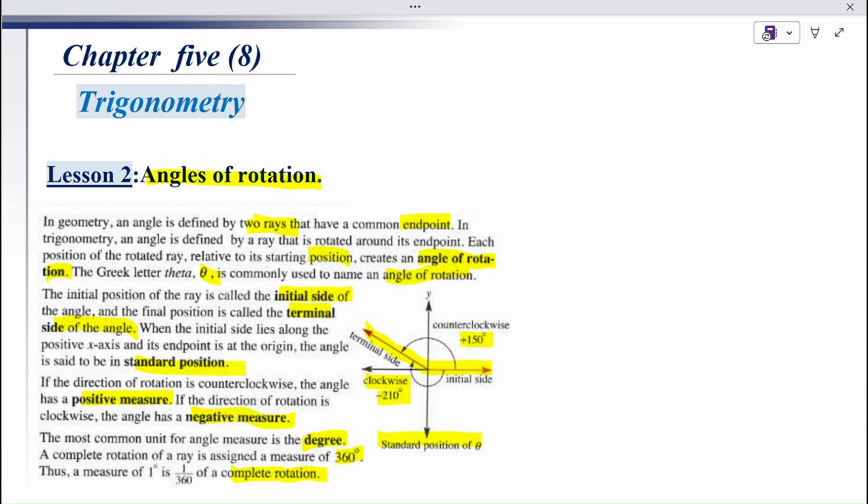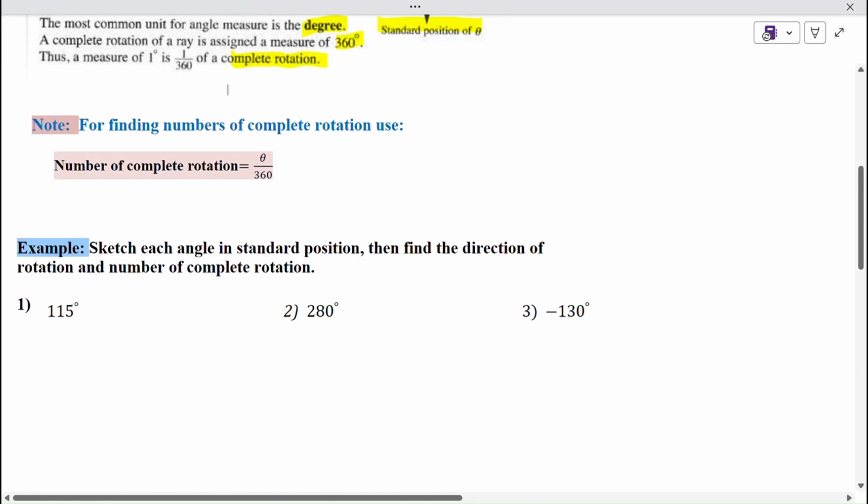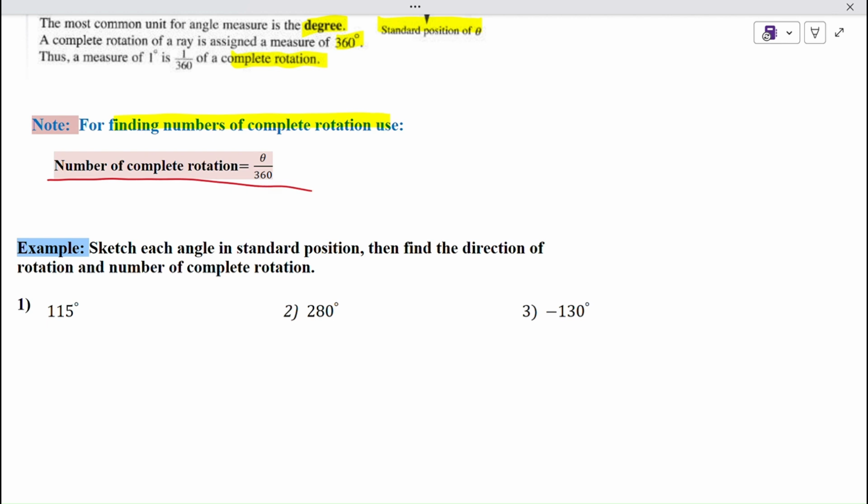We have two sides, the initial side and the terminal side, and this is called standard position. Now, a note here: for finding the number of complete rotations, we will use the rule theta over 360.